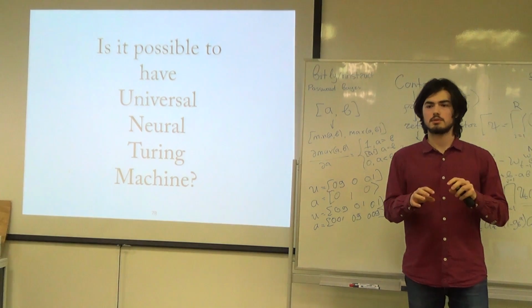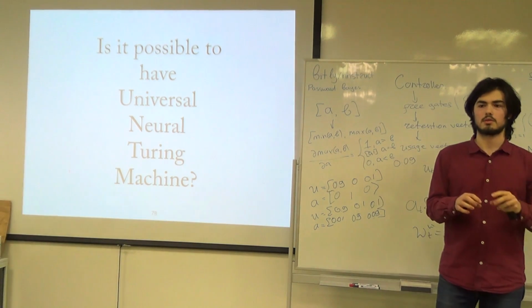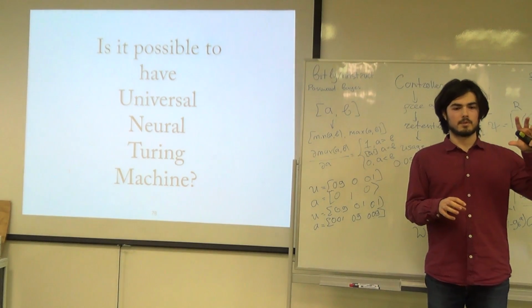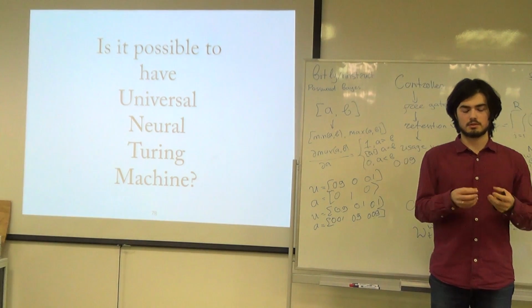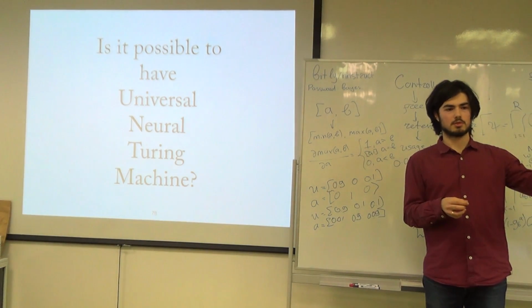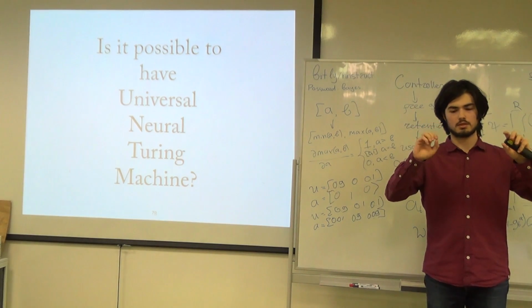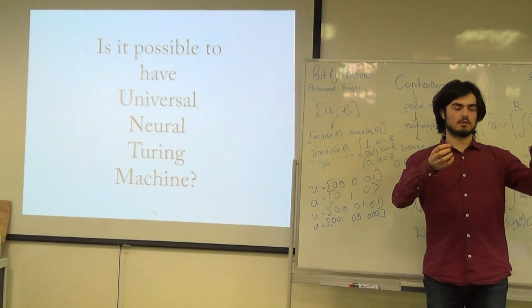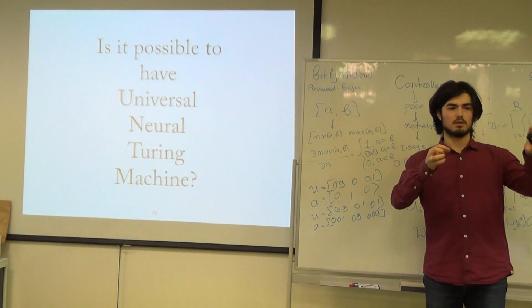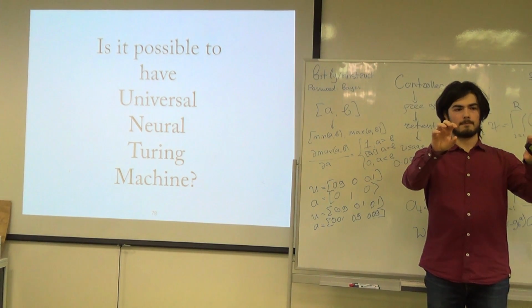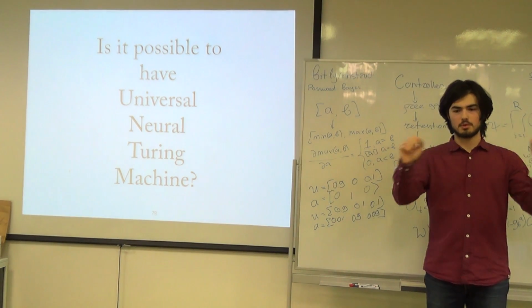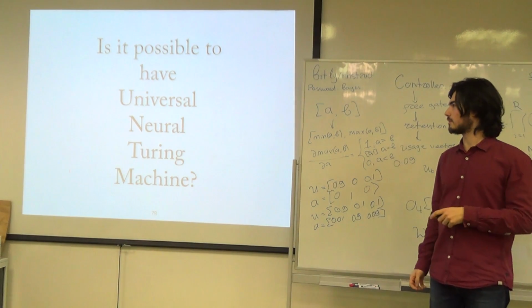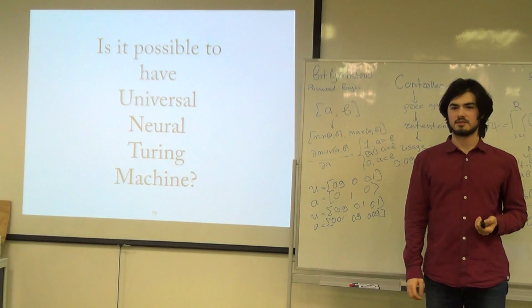As an input, it gets some compressed view of any other Turing machine, and as the output, it provides the run of that given Turing machine on this input. So the question is, is it possible to have a universal neural Turing machine?